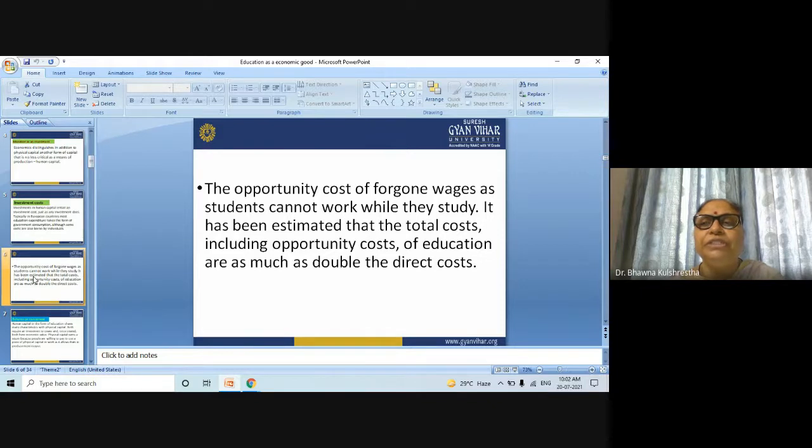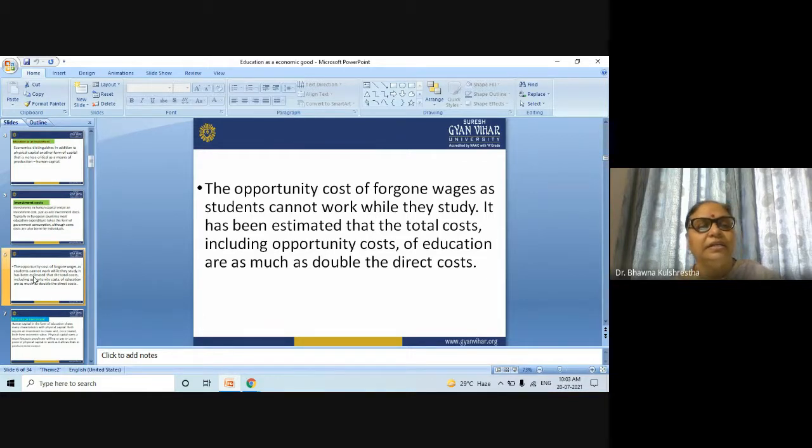Investments in education can be estimated to have been around 10% of GDP in the EU countries in 2005. In comparison, investments in physical capital were 20% of GDP.